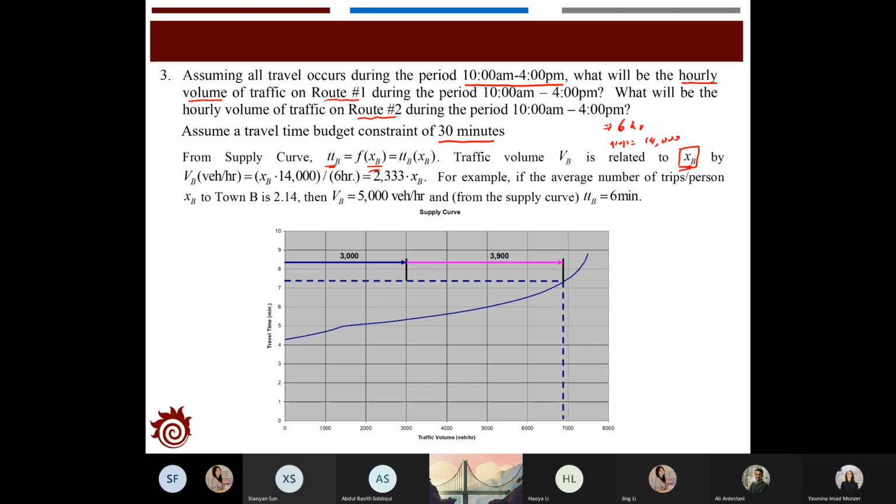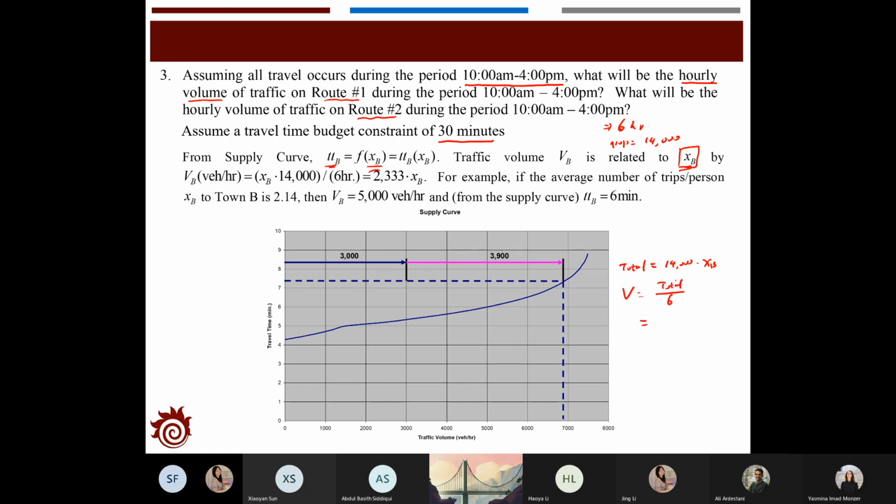The total number of trips we're going to take is the population times the average number of trips that each person is going to take. It's 14,000 times XB. And all these activities occur in 6 hours, so the hourly volume would be the total divided by 6.